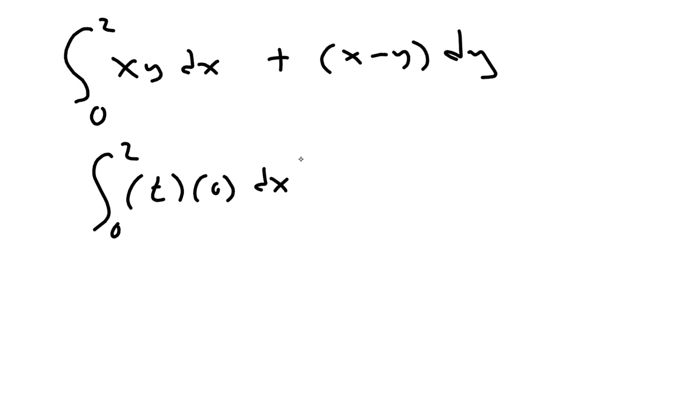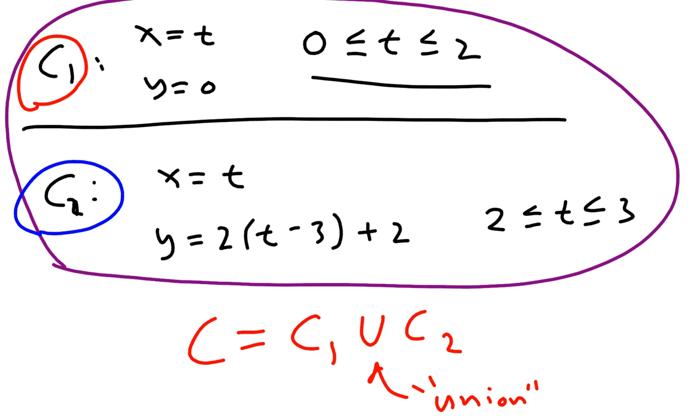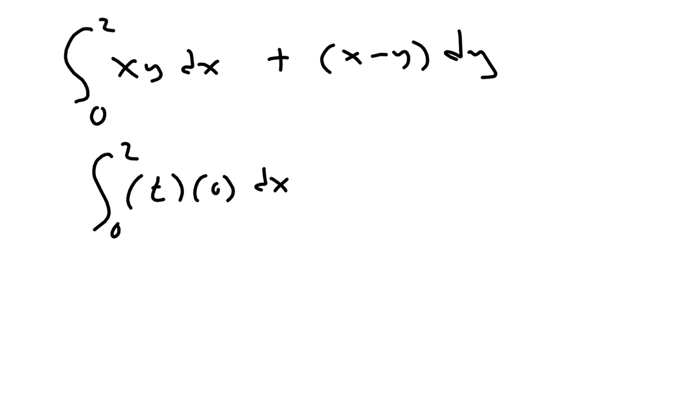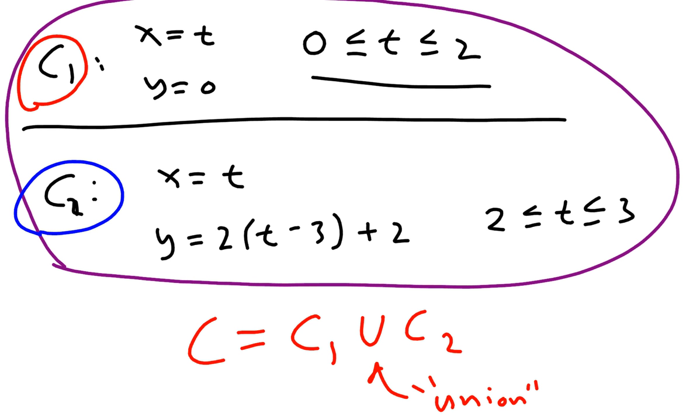And actually dx here, if you think about it, the derivative of x, if x is equal to t, is just 1. So I can erase dx here. Well, it's really 1 dt is what it is. And I'll put plus x minus y, so that's going to be t minus 0 dy. Now in this case, y is equal to 0.